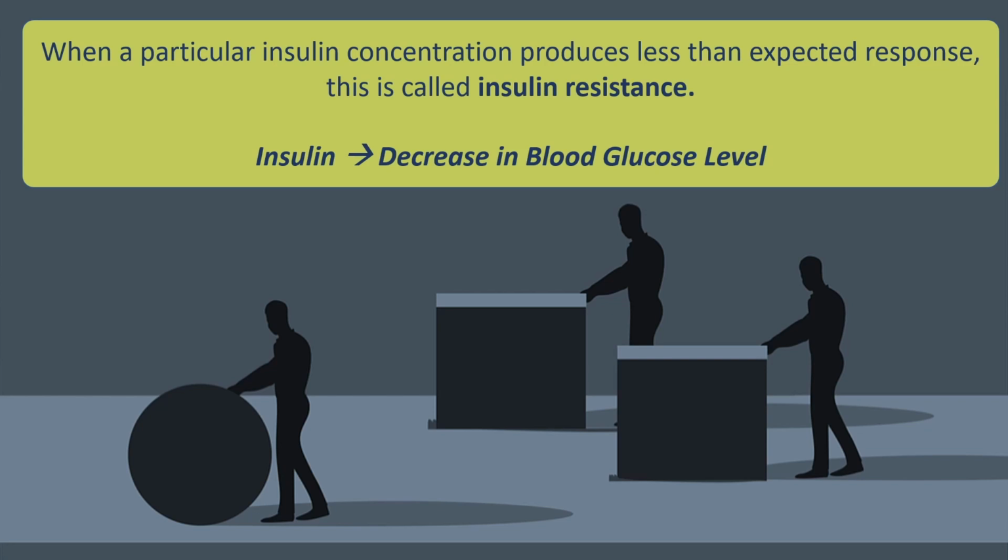But if there is resistance to that action, if insulin is not efficiently able to decrease the blood glucose level to the normal range, it means that hyperglycemia will occur. So insulin is there, but it is not able to perform its function efficiently. Of course, in that case, persistent hyperglycemia will be there, and diabetes might develop. So this is insulin resistance.